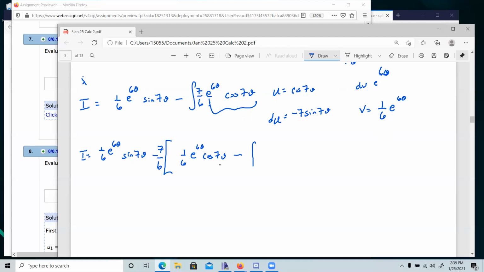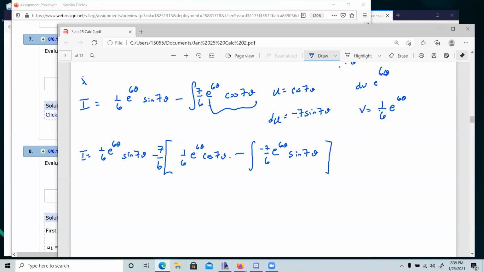Actually, you know what? Let's not do that. Let's just process it one thing at a time so we don't lose all of our stuff. So this is minus 7 over 6 times the integral of e to the 6 theta sine 7 theta.